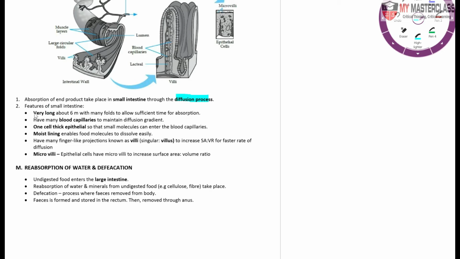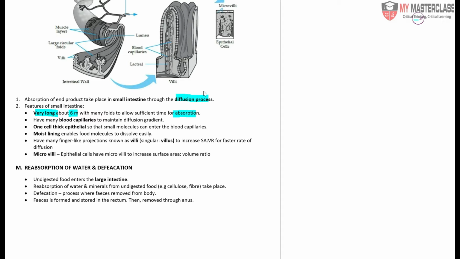So what are some of the features? It is extremely long. Imagine you have 6 meters of small intestines rolled up within you. This is only possible due to the numerous folds that are present for sufficient absorption.